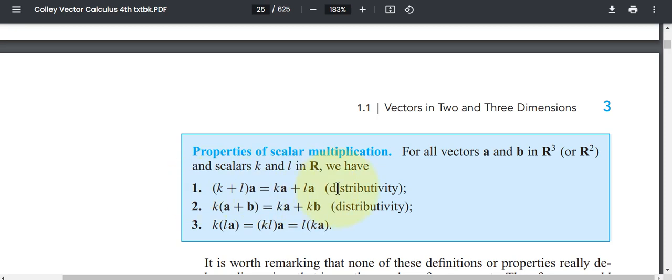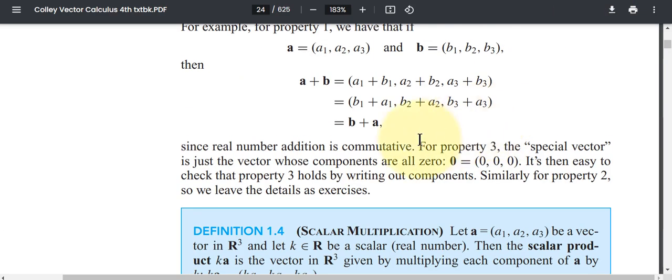So you're allowed to do that, and we could prove that again. And then this one is also allowed. That gives you this. And then if you have k times l, so you're doing l first and then k on a, you can do kl first and then multiply, or you can even switch the order. So these are all implications of this definition.